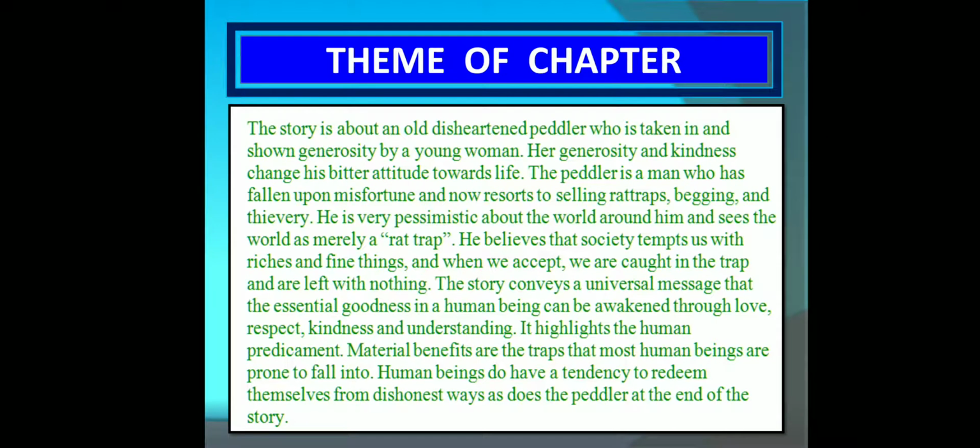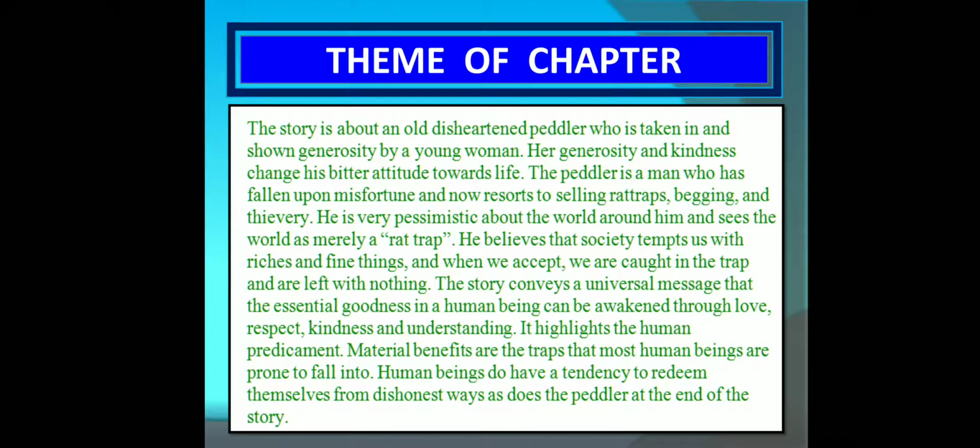Theme of the chapter. The story is basically about an old, disheartened peddler who is taken in and shown generosity by a young woman. Her generosity and kindness change his bitter attitude towards life. The peddler is a man who has fallen upon misfortune and now resorts to selling rattraps, begging, and thievery.